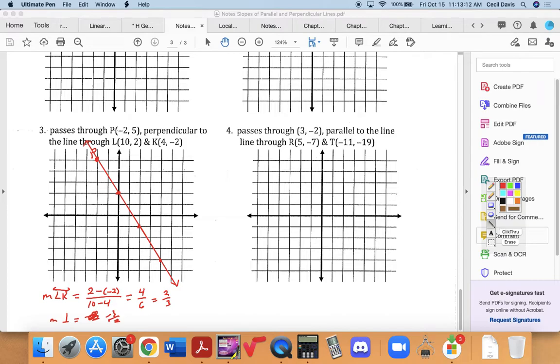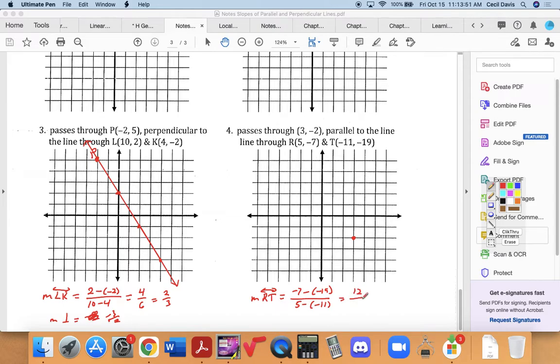All right, for this last one, it passes through the point 3, -2. Didn't give me a point for that to name it, but I'll just put it there. And it's parallel to the line through R at coordinates 5, -7, and T at coordinates -11, -19. So I need to find the slope of RT. That'll be -7 minus -19 over 5 minus -11.